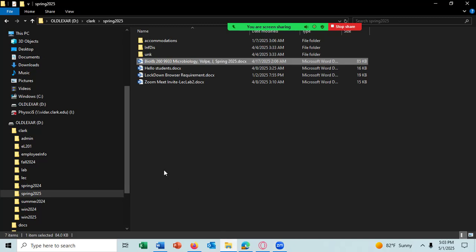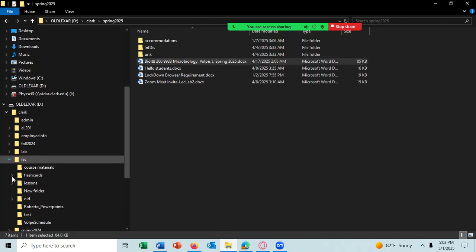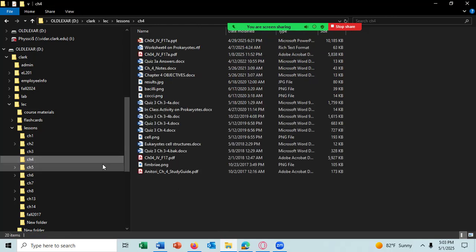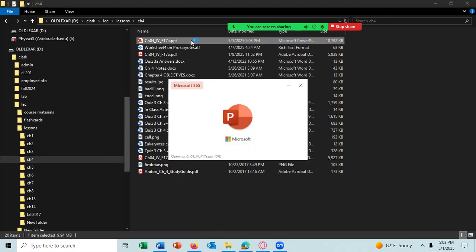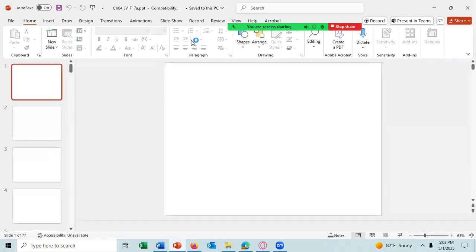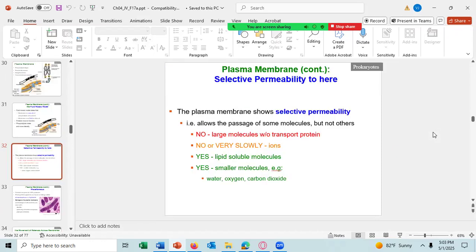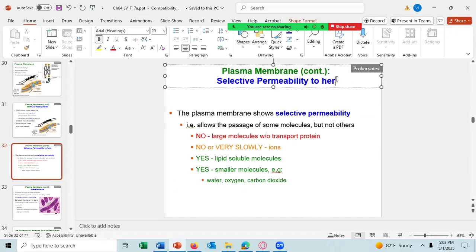All right, let's go to chapter 4. I have that we had talked about the selective permeability of cell membranes and other membranes last time.